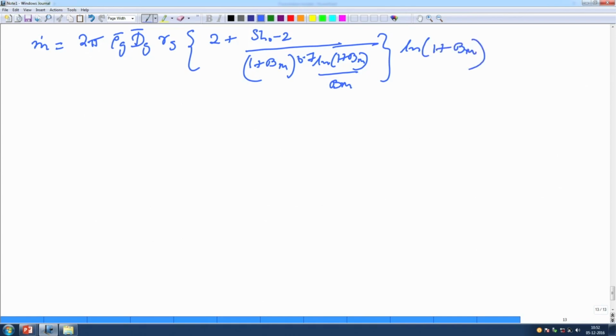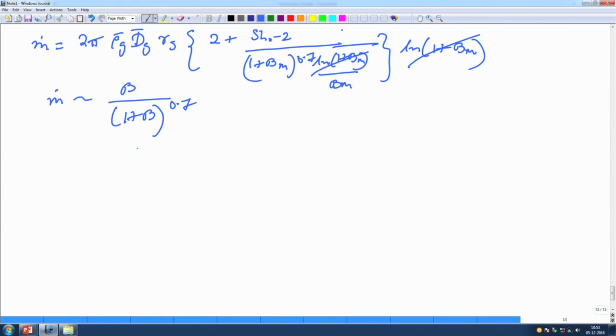If you look at this now, this and this get cancelled. So your m dot basically scales as some B, this B goes into the top, divided by 1 plus B. Let us keep it generic, because this will be valid for the other one also. These two get cancelled, this B_m goes up.